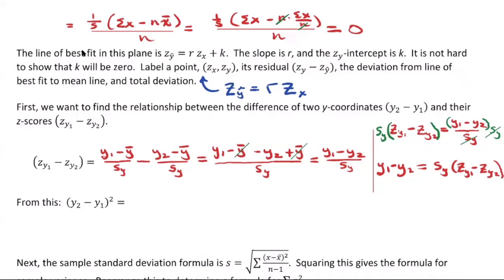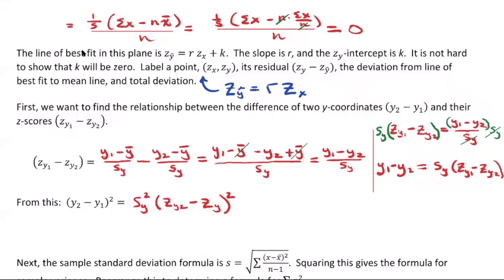Okay. In the next step, they square it. So if you look at y2 minus y1 squared, now it's changing the order of these. So I'm going to write this as the standard deviation of y, squared because it's squaring it, and then subtracting the z-scores, z-score of y2 minus the z-score of y1, and square that.